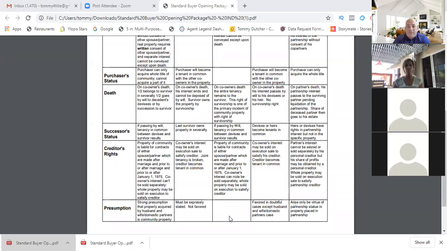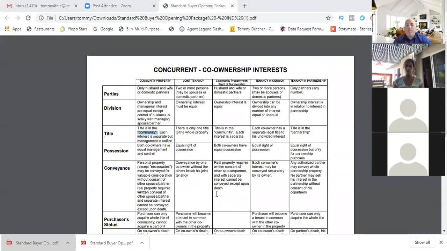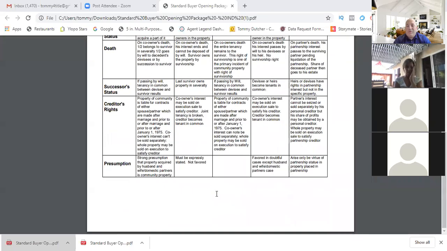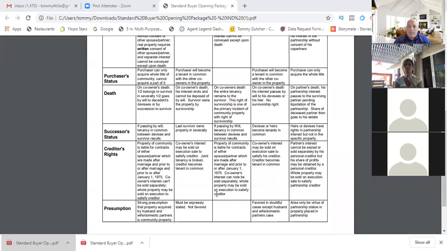What that means is the portion of the property that one may own can be sold to fulfill a credit obligation, and at that point, the creditor becomes a partner within that title. Okay, you don't see that too often. Creditors want their money; they don't want to be part of a title on a property.